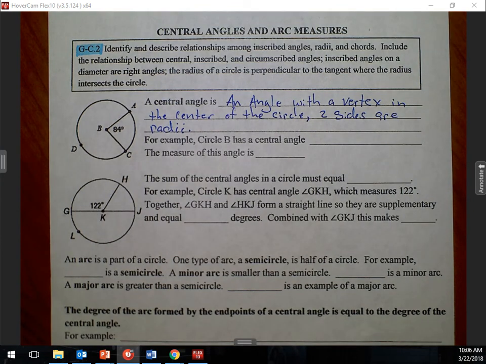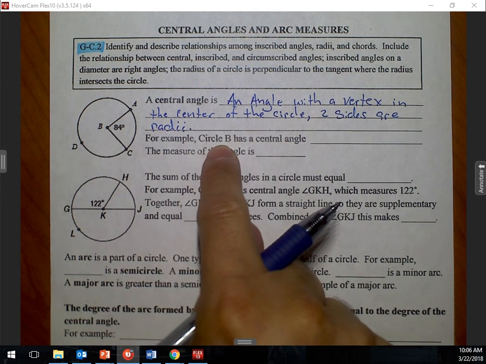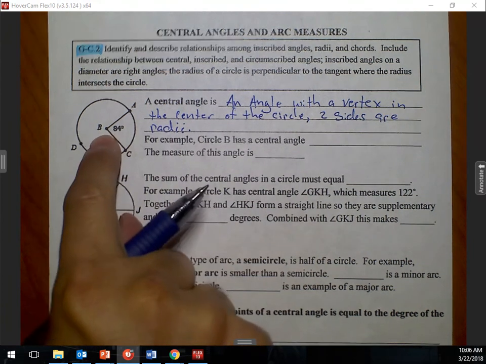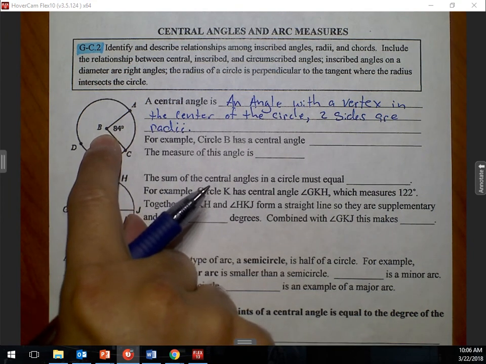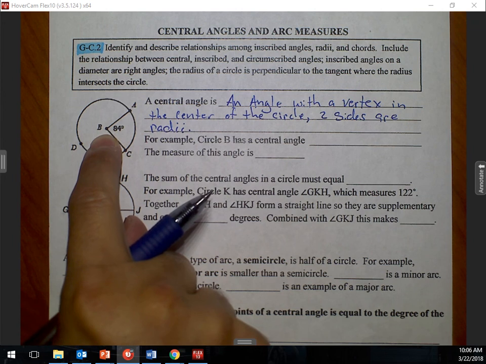For example, circle B, because we named the circle by the center point, so this is circle B.